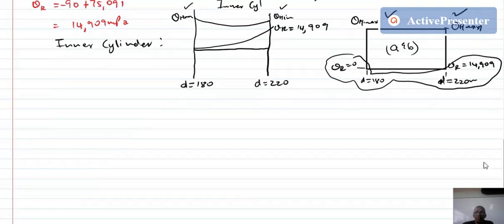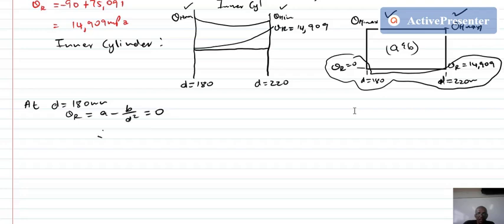Which shows that at D, which is 180 millimeters, my radial stress is the same as A minus B over D squared, which is the same as 0. That is, A is the same as B divided by 0.18 squared, right? Which is the same as 30,864B. That is also my equation 1 again. Then I can go from where I have the value.